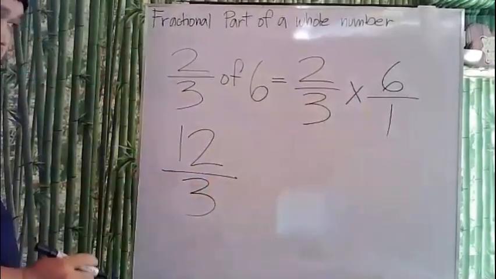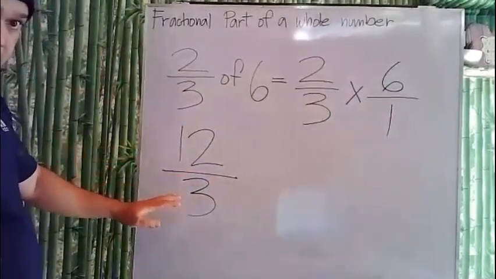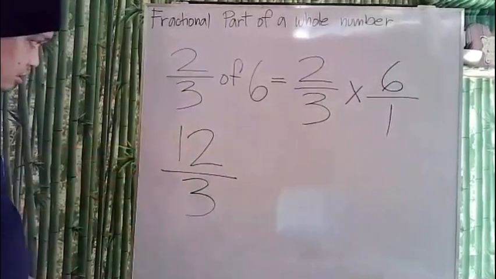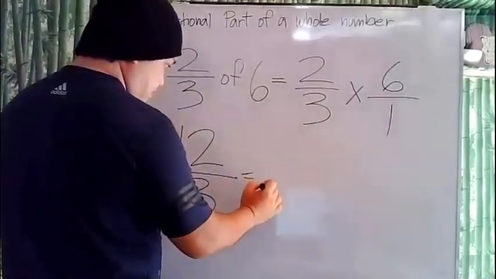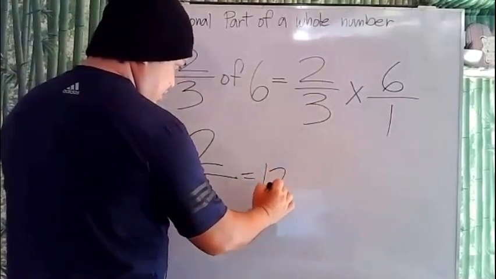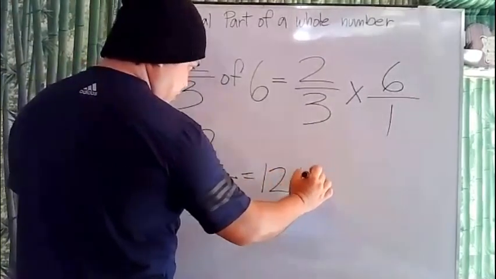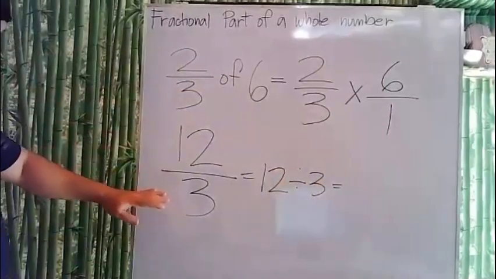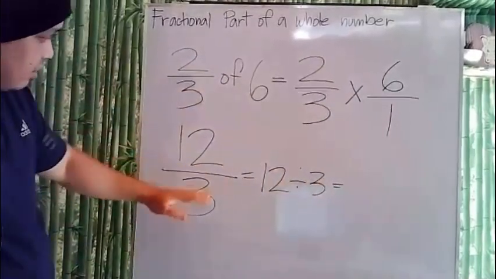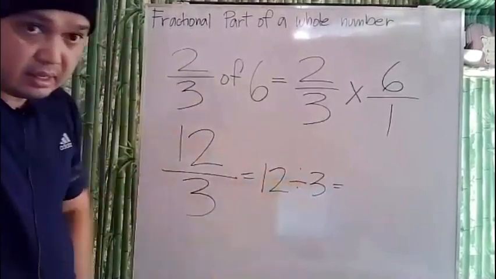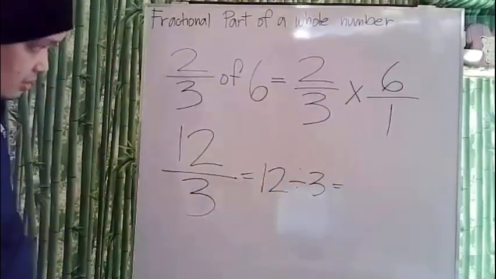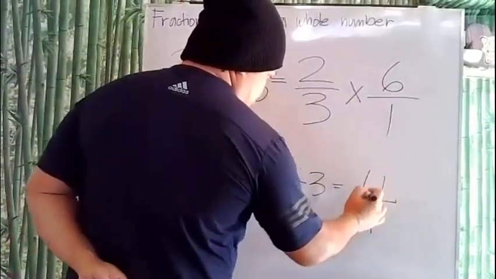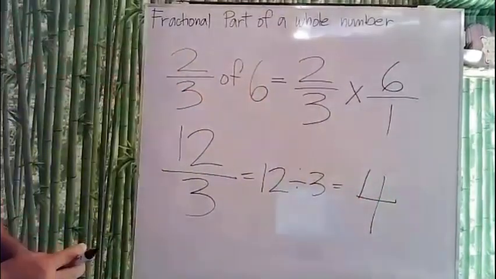So we have now 12 over 3. To answer this, simply divide. 12 over 3 is simply 12 divided by 3. And how much is that? That's 4. So our answer here is 4.